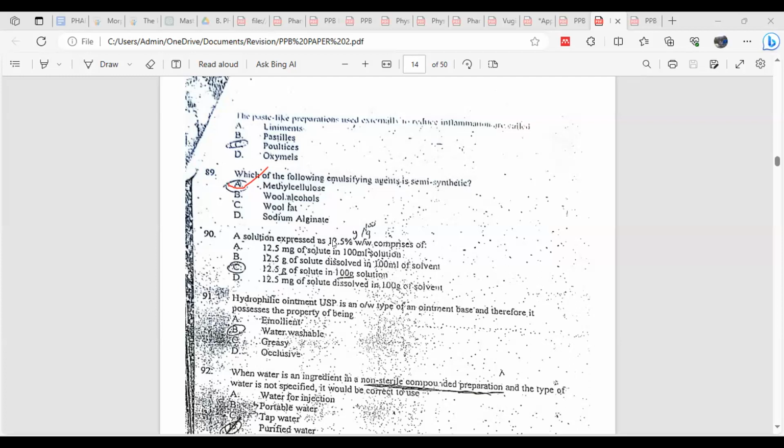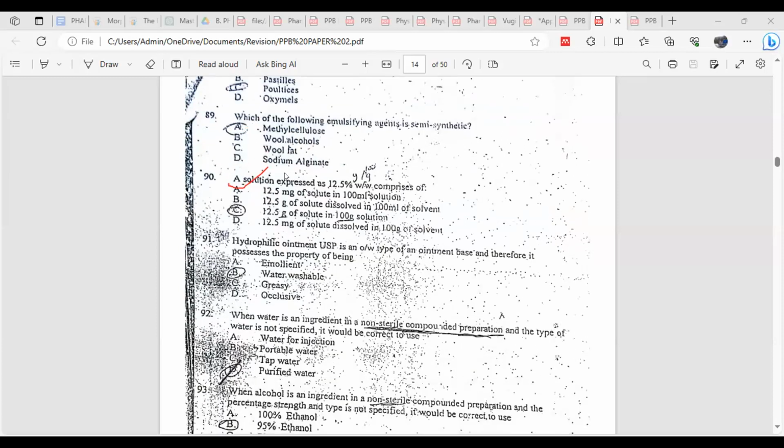That doesn't make it semi-synthetic. Let's go with methyl cellulose, which is written directly. As for wool alcohol, I don't know.